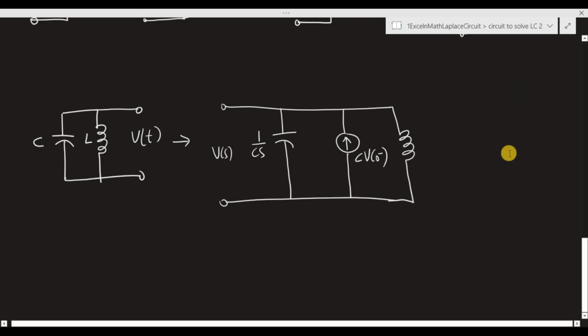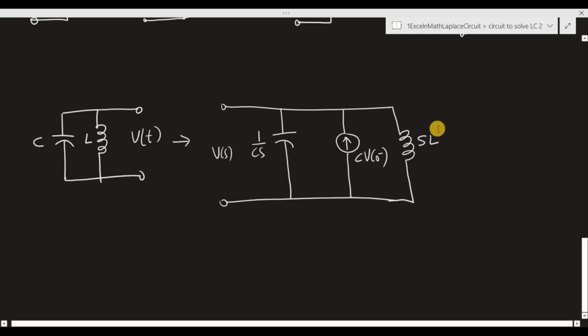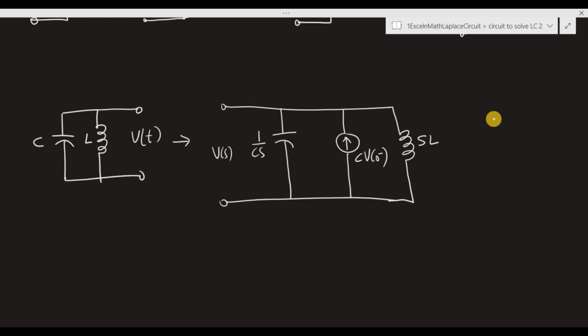And this is our inductor. The impedance of the inductor is sL. Now the inductor did not change its form because its initial condition is 0. Okay, we can now apply KCL to solve the circuit.